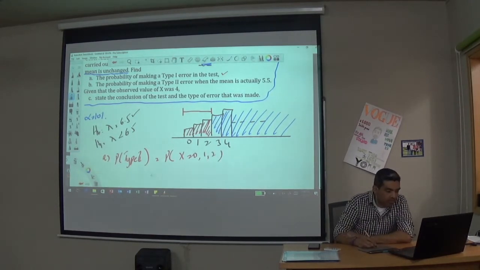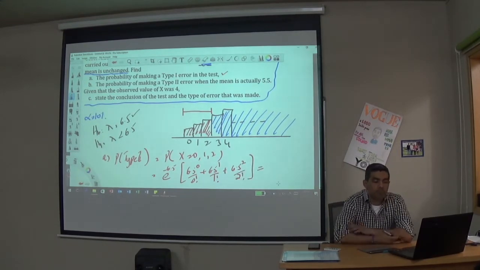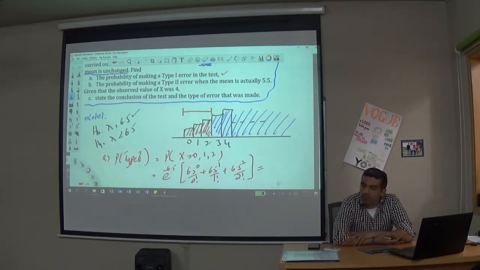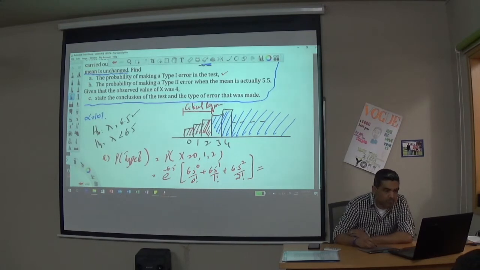So let's find that out using the Poisson formula, e to the power minus lambda, and so on. This is the acceptance region, this is the critical region.